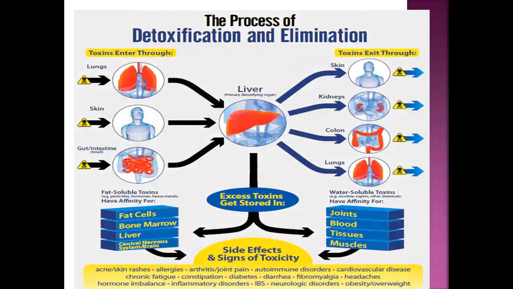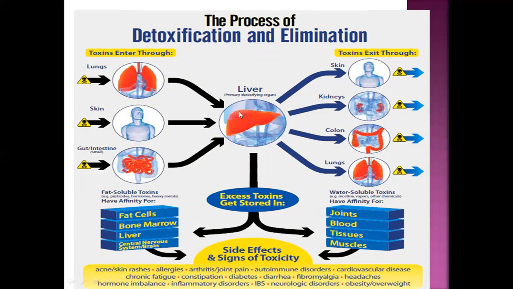Now, detoxification and elimination. Detoxification means removal of toxic substances from the body. Elimination means excretion or removal. When toxic substances are detected, they are eliminated by the liver from the lungs, from the skin, from the gut or intestine.